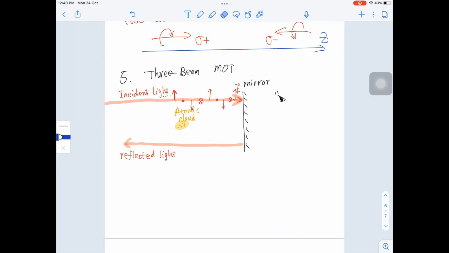One, two, three, four, five, six, 7, 8, 9. Okay, let's see. First it is 1, then 2, 3, 4, 5, 6. We can see it is left hand polarized.